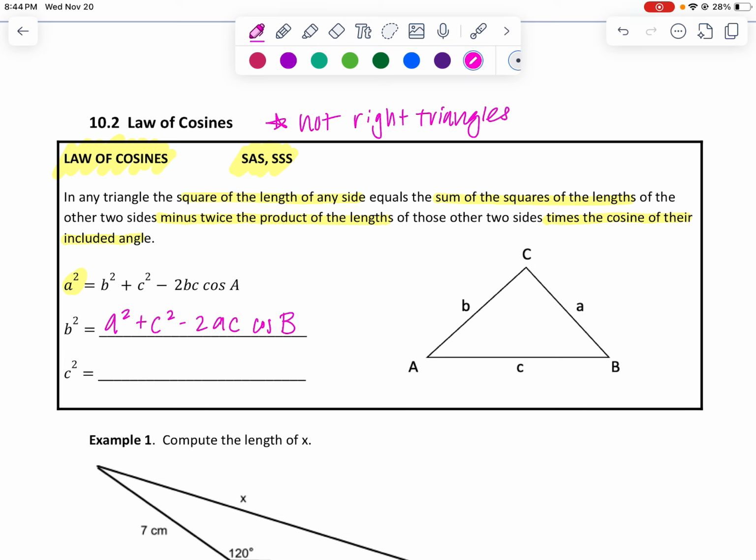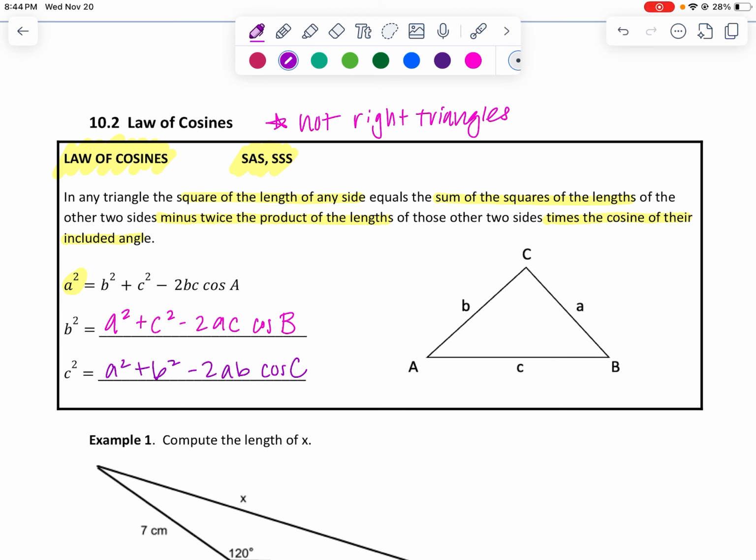And same thing for c. If I have c squared, I take the sum of the squares of the lengths of the other two sides, so that is a squared plus b squared. I subtract 2 times the product of a and b and multiply it by the cosine of the included angle, which is c.